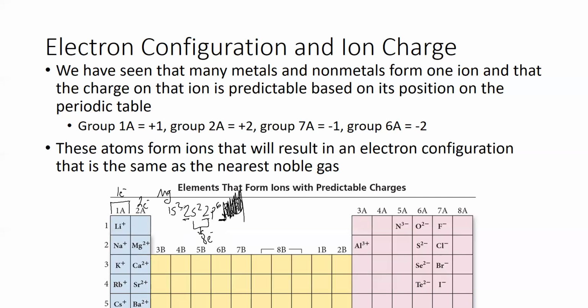The goal of most molecules is to have the electron configuration of their nearest noble gas. If we look at the halogens, the electron configuration for fluorine is 1s2, 2s2, 2p5. It has 7 valence electrons, so to get 8 and become this noble gas, it only needs 1 more electron.